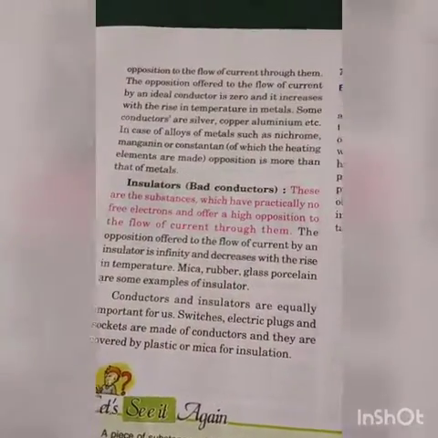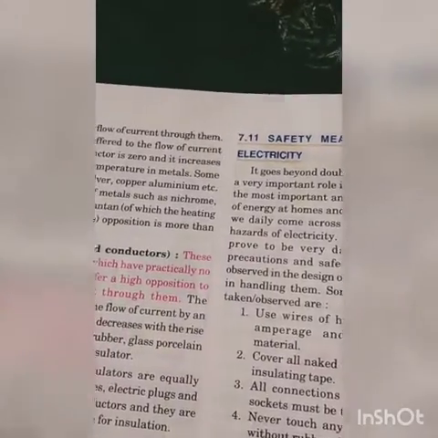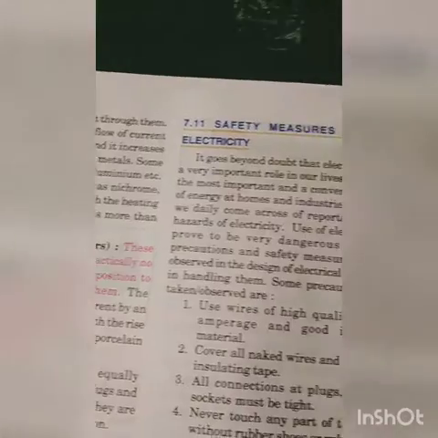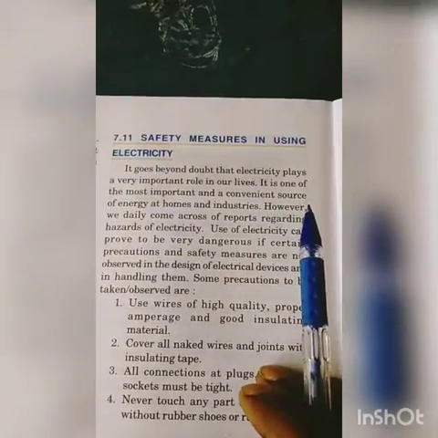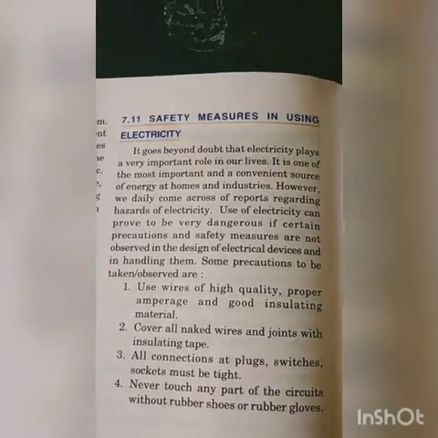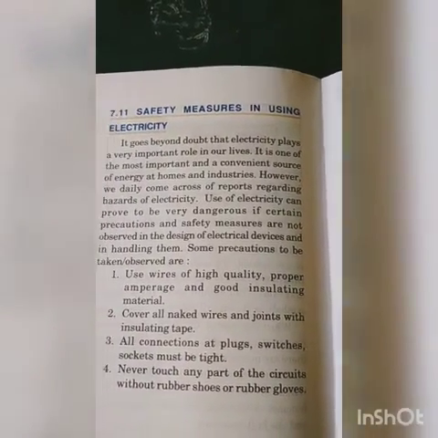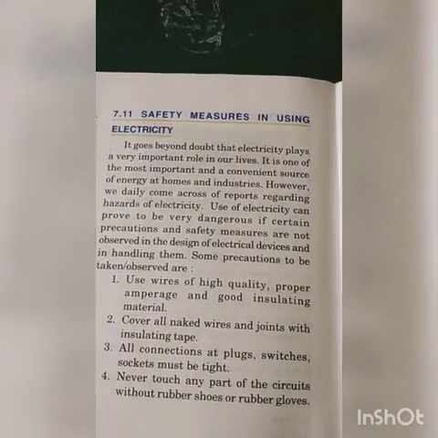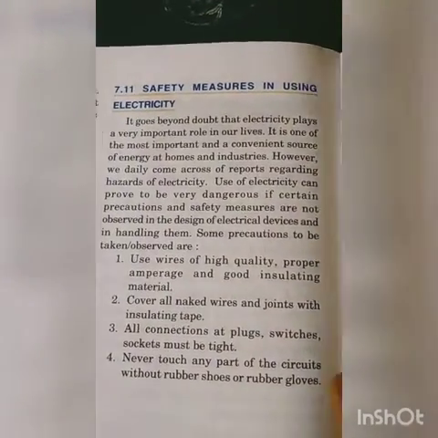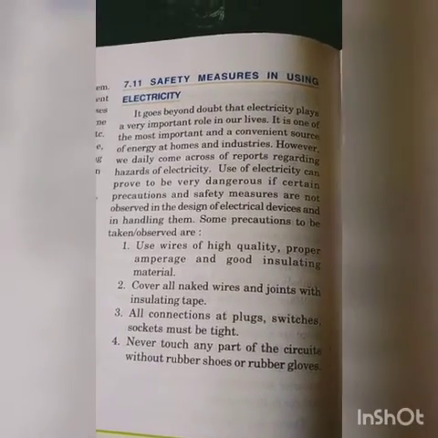Now you are all studying about electric current, but it can be very dangerous when we come in contact with electricity, especially when it's very high voltage. So we need to take some precautions. What precautions?